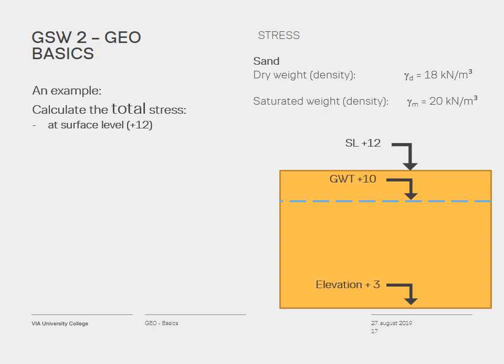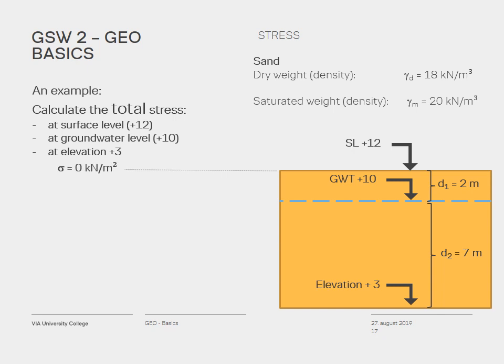So let's try to calculate the total stress at surface level plus 12, at the groundwater level, and at an elevation of plus 3. We have a distance from surface level to the groundwater table of 2 meters, and then a distance of 7 meters from the groundwater table down to plus 3.